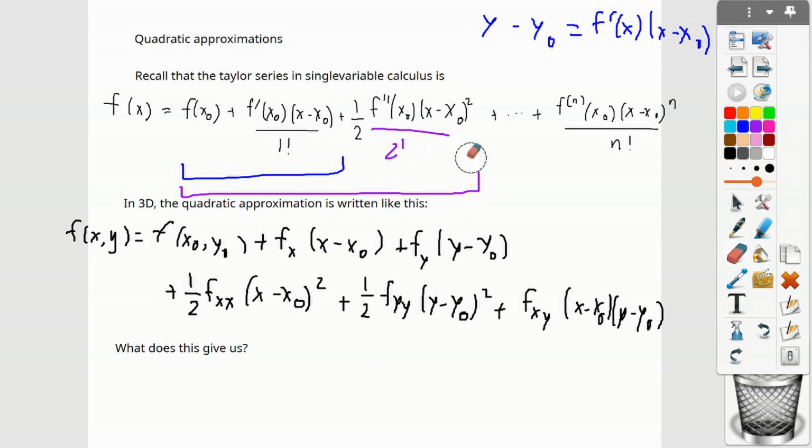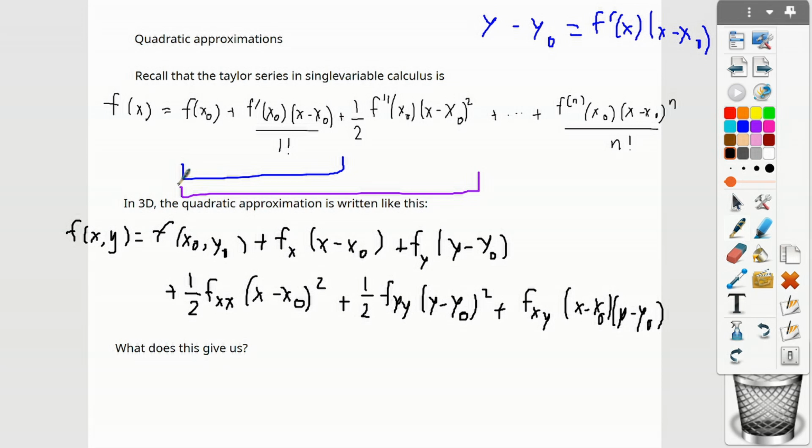So it's 1/2 times f double prime of x0 times x minus x0 squared plus dot dot dot plus f sub n, or the nth derivative of f at x0 times x minus x0 to the n over n factorial. That's the Taylor series, and this is the quadratic approximation in single variable calculus.